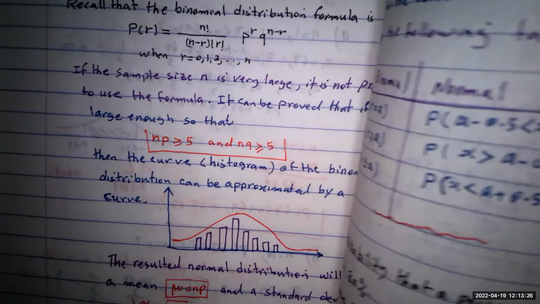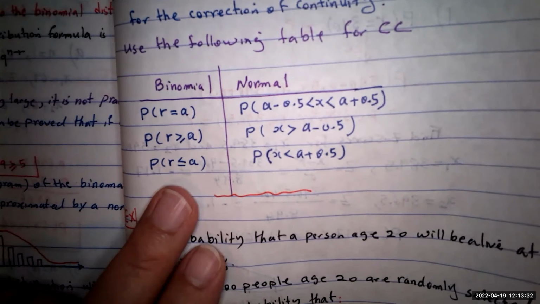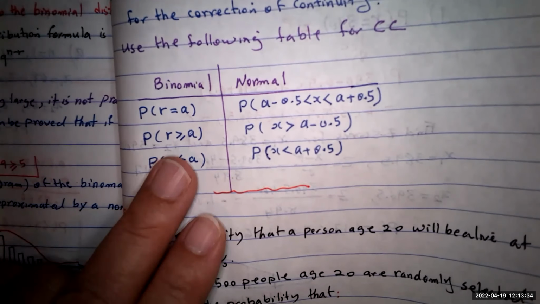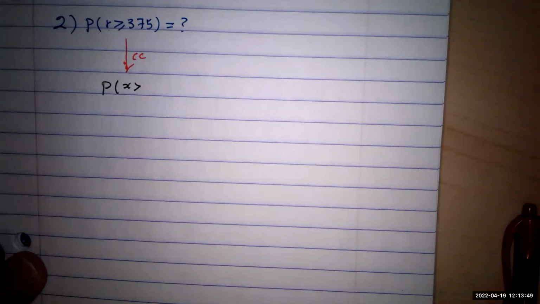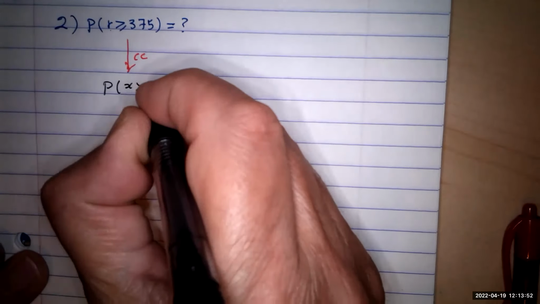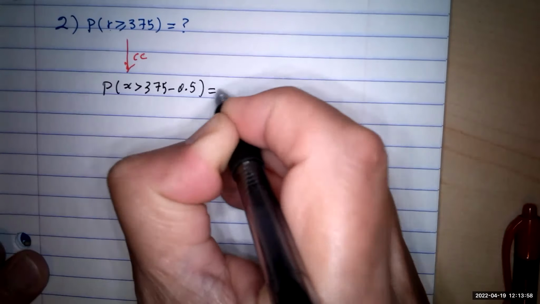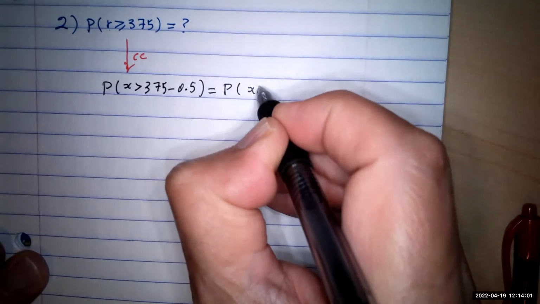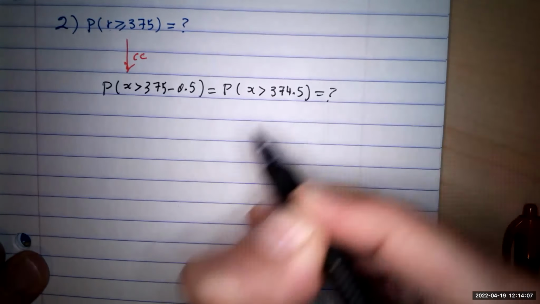You can use the table if you like. This is going to be the probability of greater than, and that gives you A minus 0.5. And if you just use common sense, you will see it. You want it to be greater than, so is it greater than 375.5 or greater than 374.5? Of course, 374.5. It's going to be negative 0.5. So you have to find the probability that X is greater than 374.5. So that would be the question.